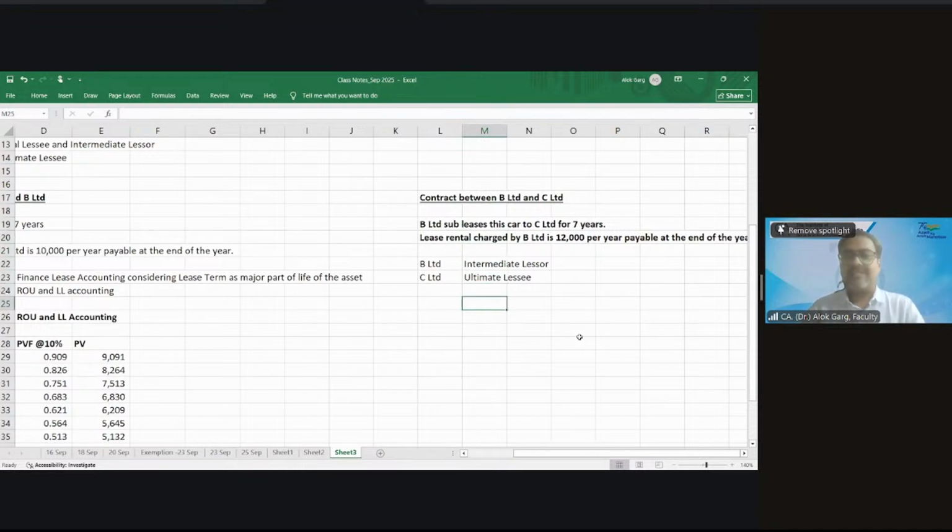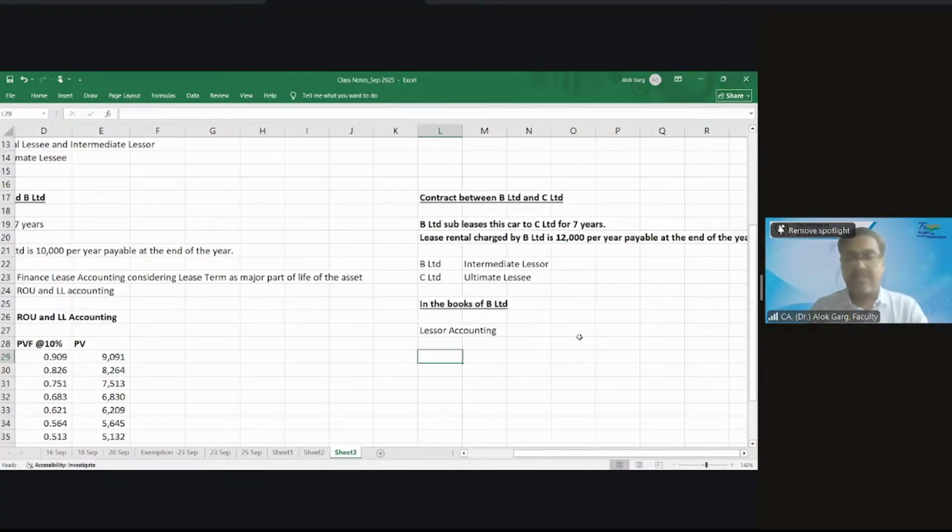So in this case, in the capacity of intermediate lessor, in the books of B Limited, we have to do the lessor accounting. Of course, because B Limited becomes a lessor. And lease classification will depend on the lease period of the sublease compared with the lease period of the main lease, right? In the books of B Limited, we will do the lessor accounting.